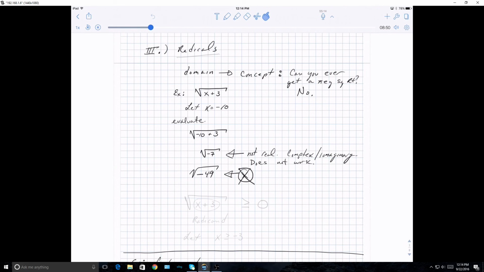Well, the easy thing about this is we just have to realize that whatever is underneath the radical here, which is called the radicand, all we have to do is set this greater than or equal to 0.